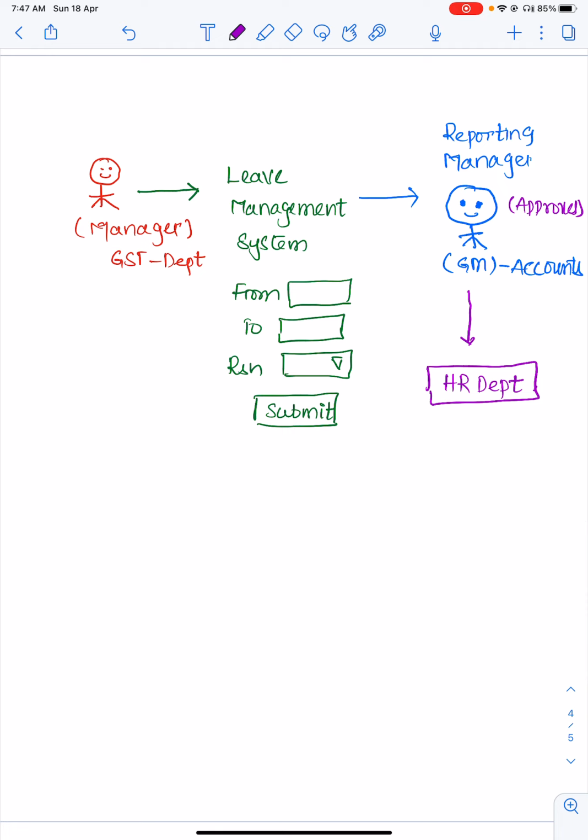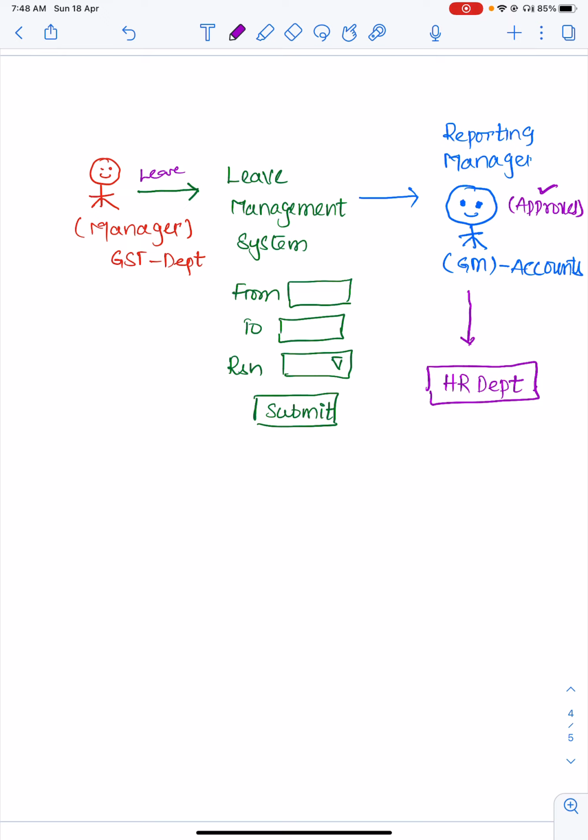That means one person will send a request, another person will react to that request. That is called coordination in an environment or a department. For example, here the manager of the GST department applied for leave and the reporting manager responded. It is called coordinated.